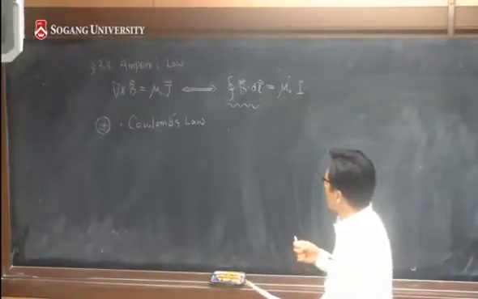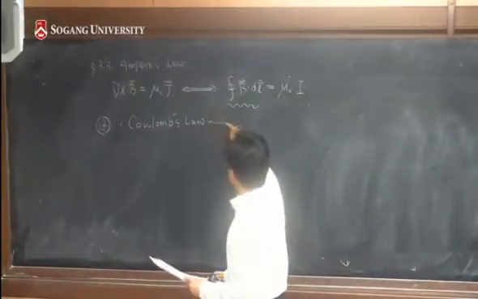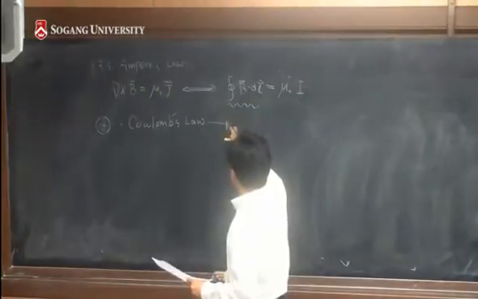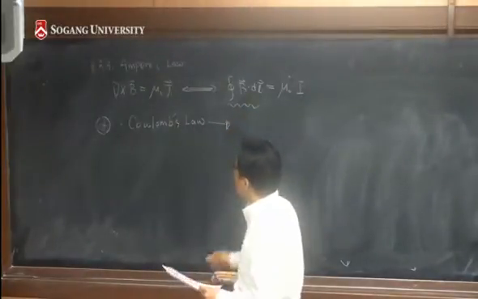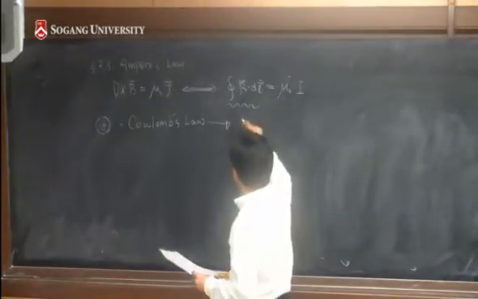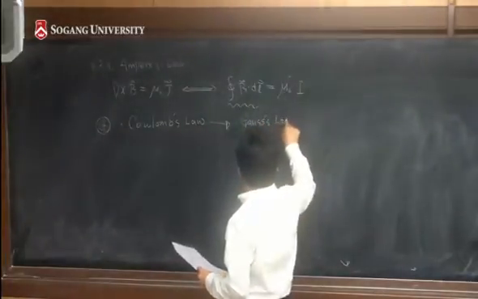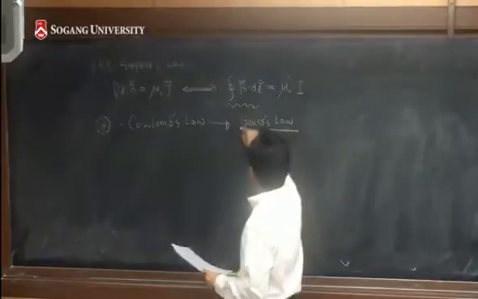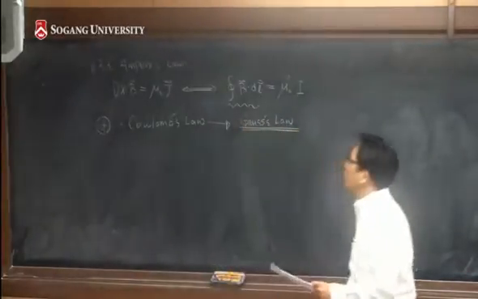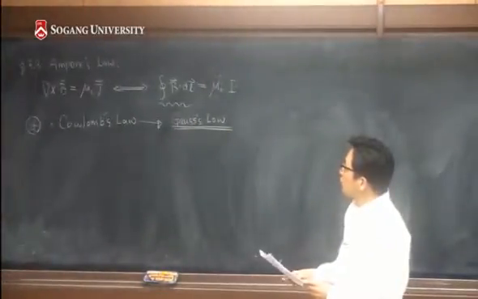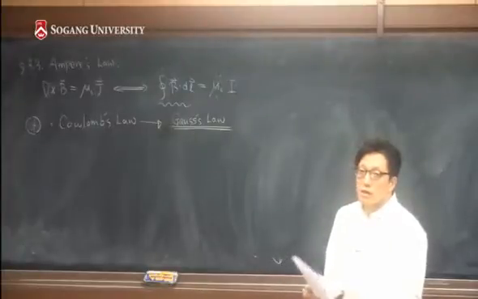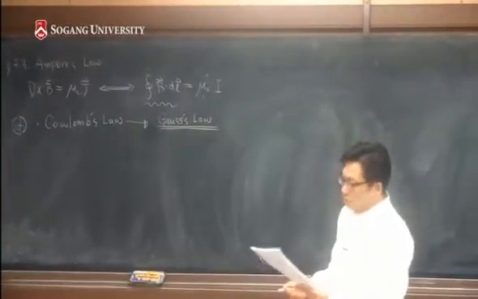And once you have that Coulomb's law, then we can derive Gauss's law. We usually use Gauss's law to find the electric field when there is a symmetric charge distribution in space.